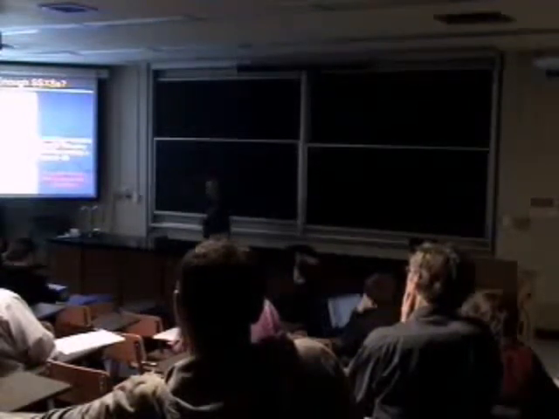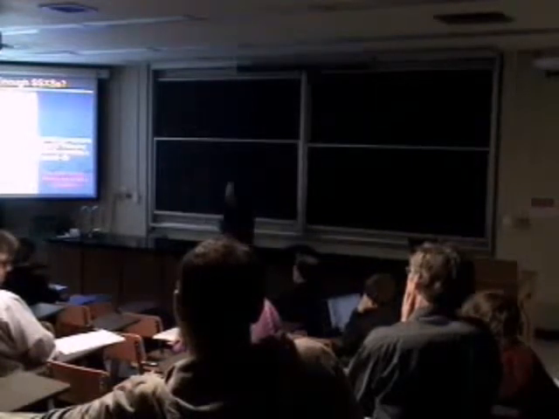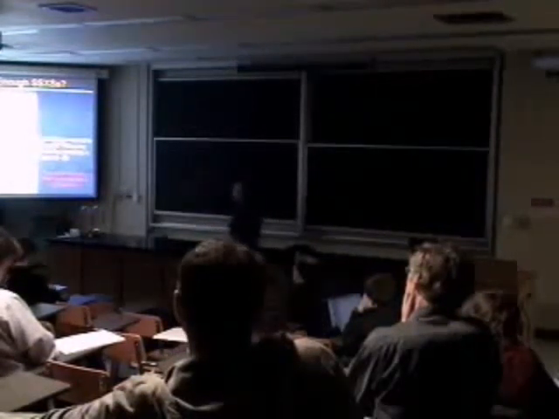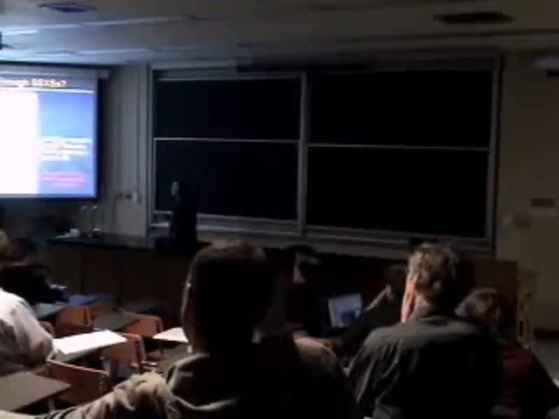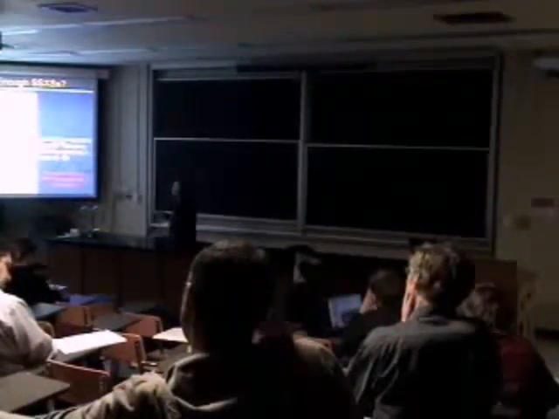So you could then ask yourself, well, are there enough super soft X-ray sources to explain the frequency of type 1a supernovae? And the answer to that question is no. I'll just show you our results here. This is initial white dwarf mass on this axis versus initial donor mass on that axis. These are dot plots.